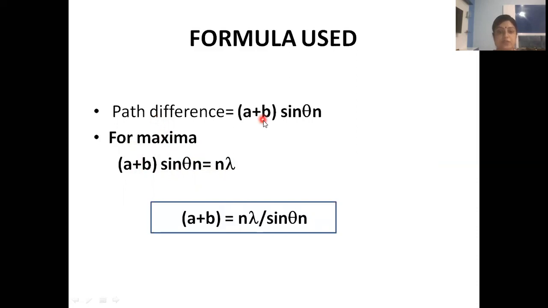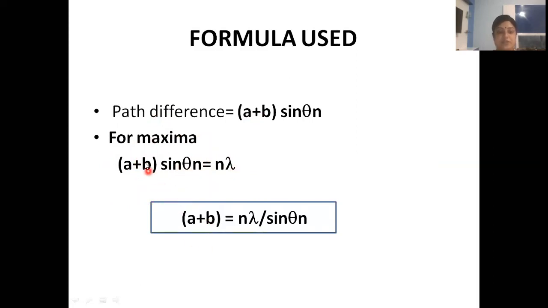So if this path difference a plus b sine theta n is equal to n lambda, where n is any integer and lambda is the wavelength of light, then this is the condition for maxima, or the condition for constructive interference. So here I can derive the formula for a plus b.